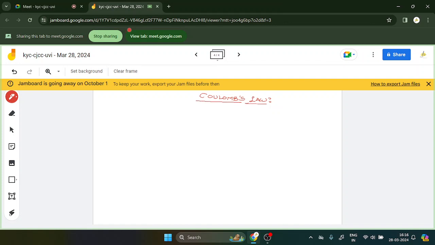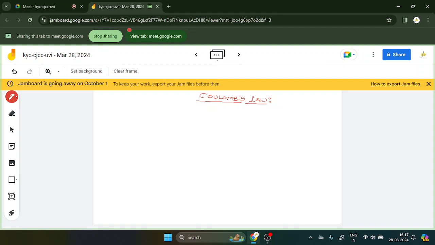In the previous class, in 9th class, you may have studied the gravitational force. So what was the universal law of gravitation? Coulomb's law is very much similar to the universal law of gravitation. The difference is only of charge and mass.